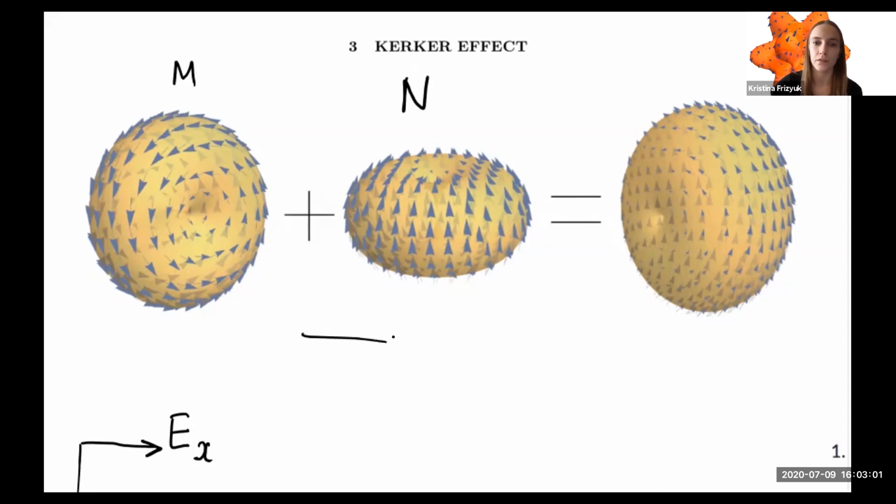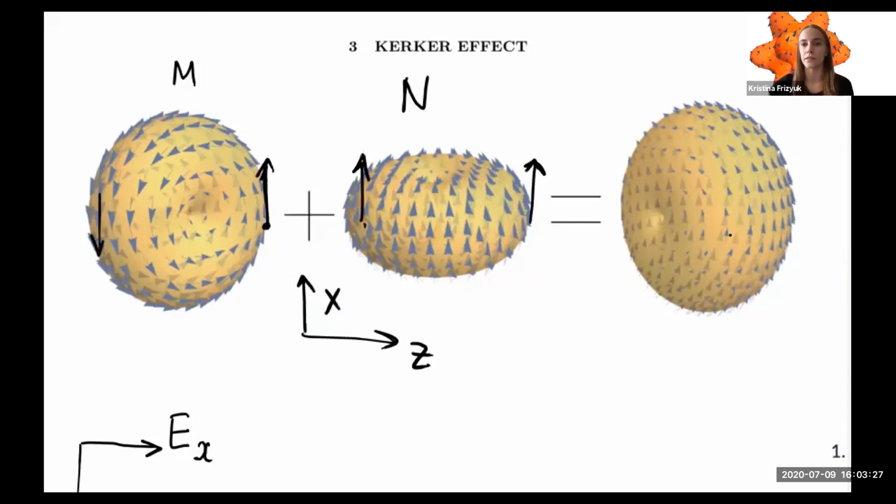And here, this is the z-axis, and this is x, because it was easier to draw. Okay, and here arrows are in opposite direction, and here arrows are in similar direction.